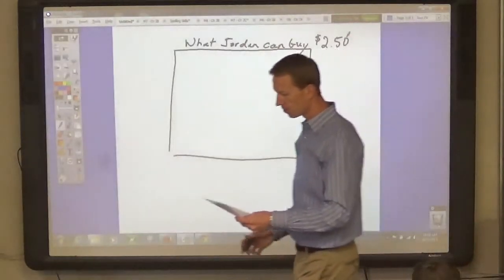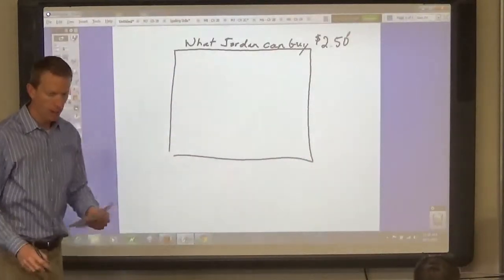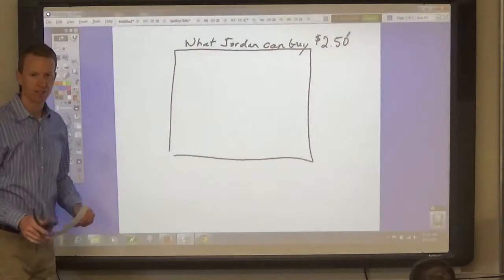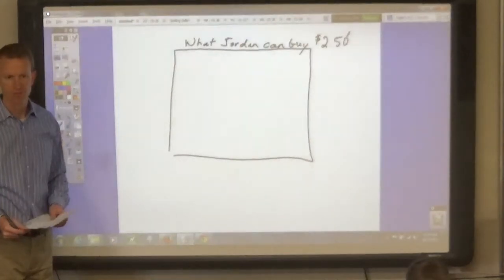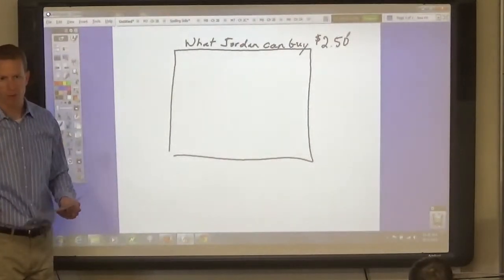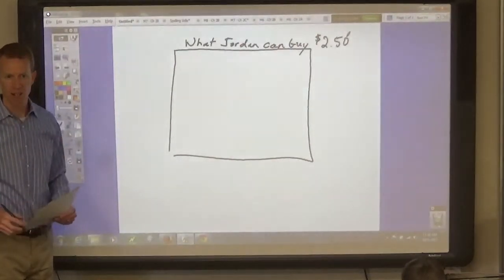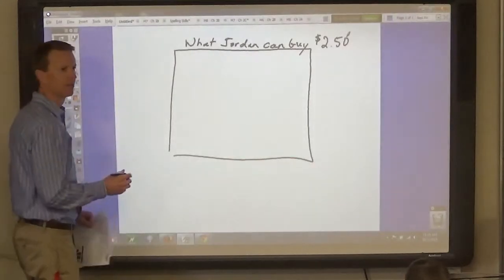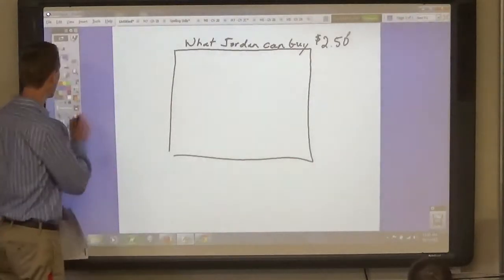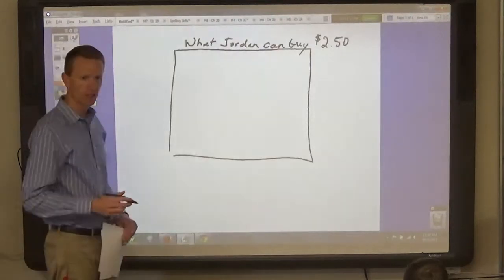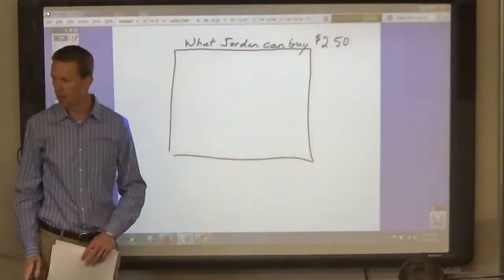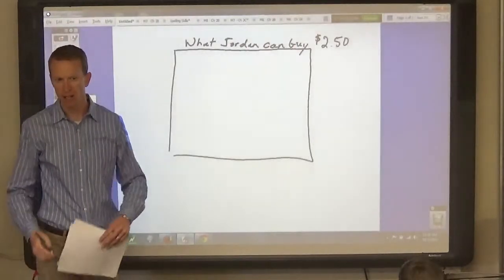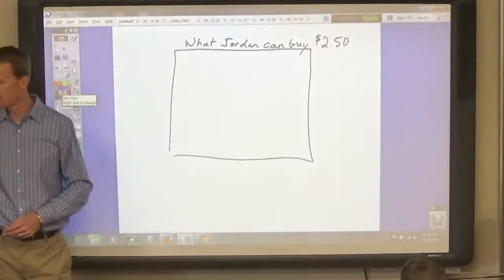Now, what are his choices? Chips, popcorn, gum. Any others? No. So if we're going to make two columns, what should we label those columns? The title of the columns.